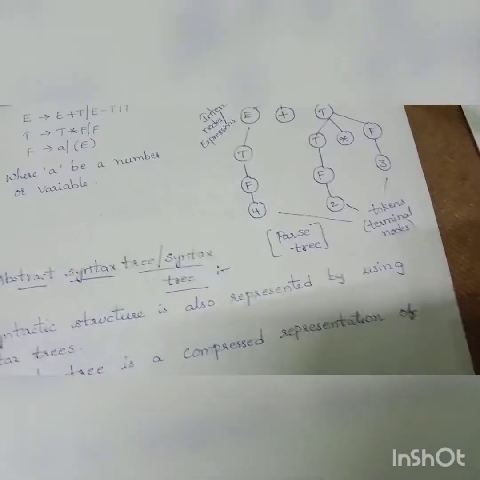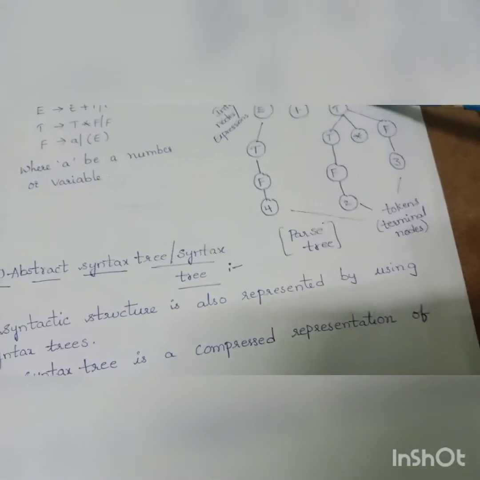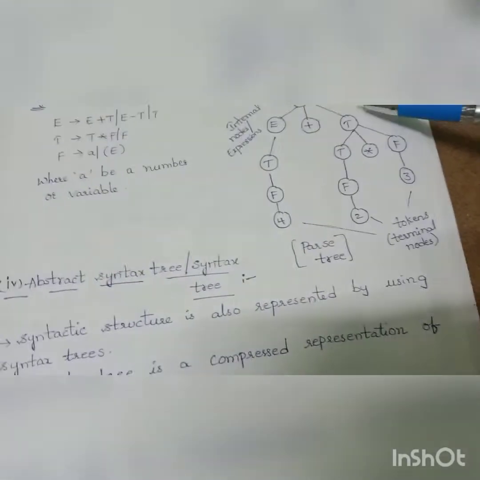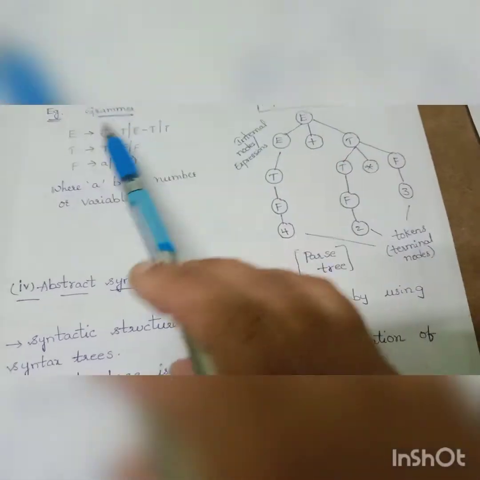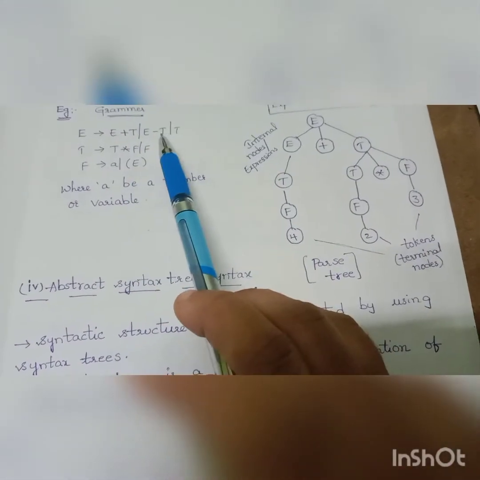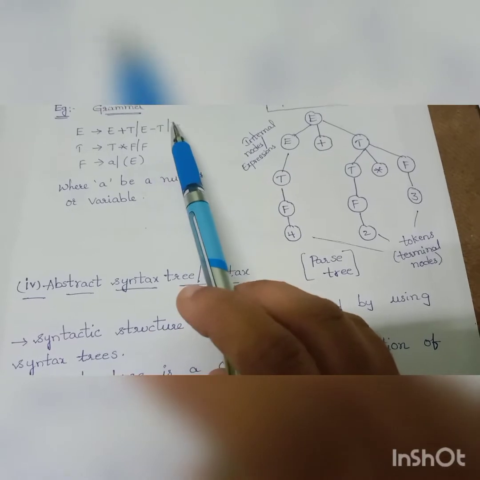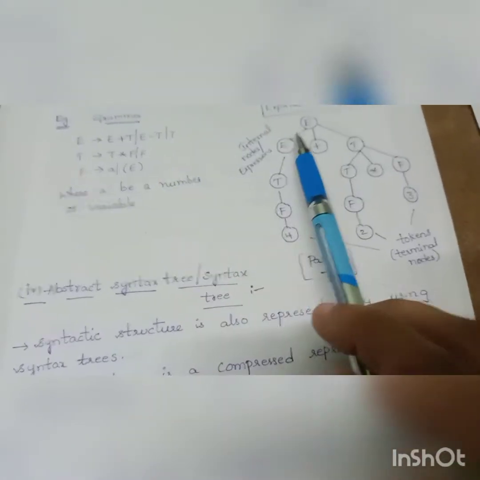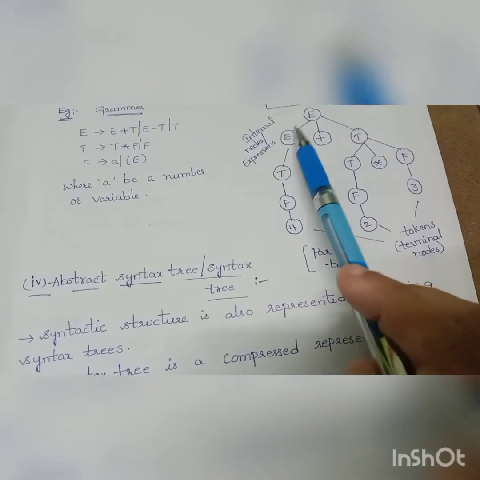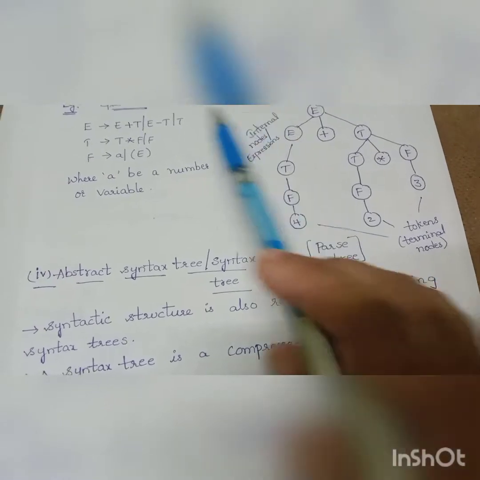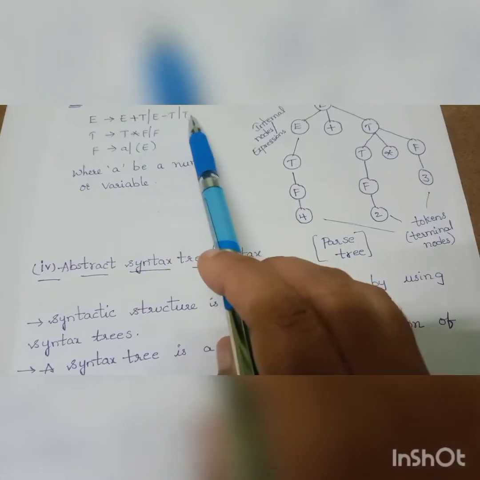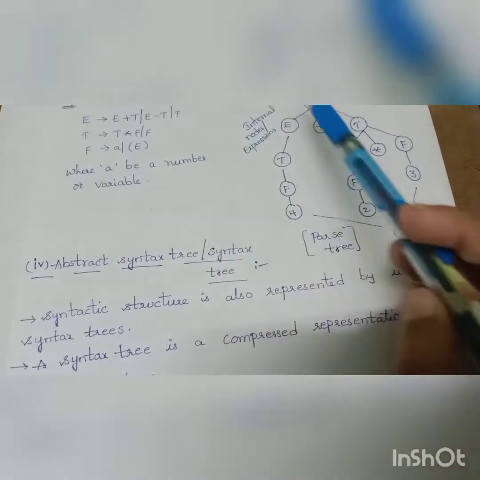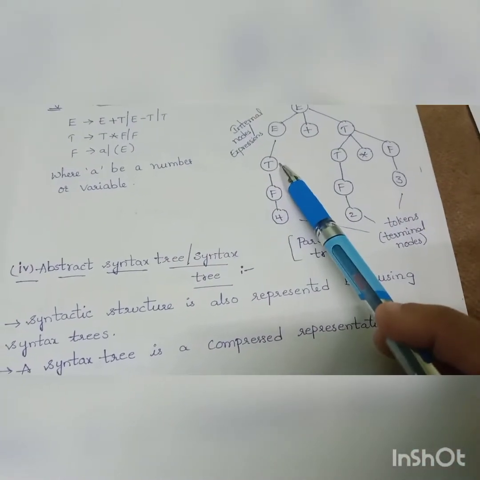I have constructed the parse tree. First we have taken E, and for E there are three options: E plus T, E minus T or T. I have considered E plus T. And for E again we have E plus T, E minus T or T. I have opted for T, so I have written T here.